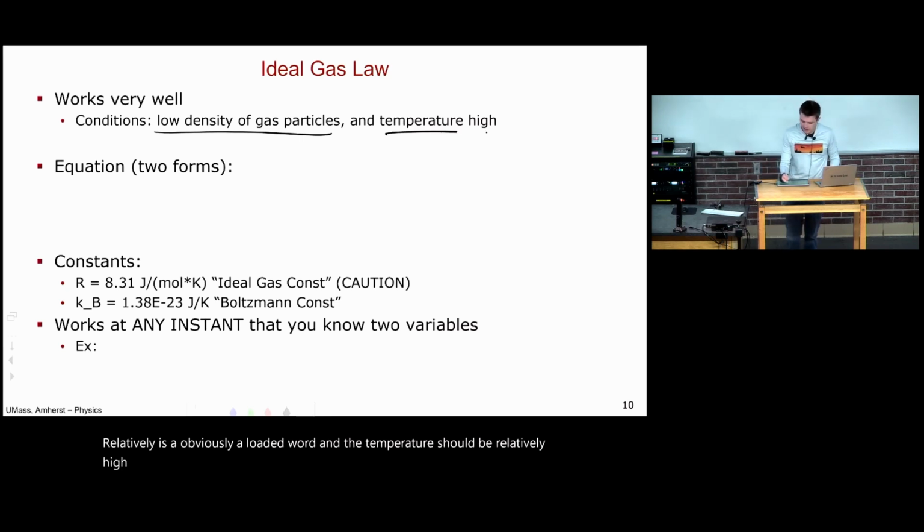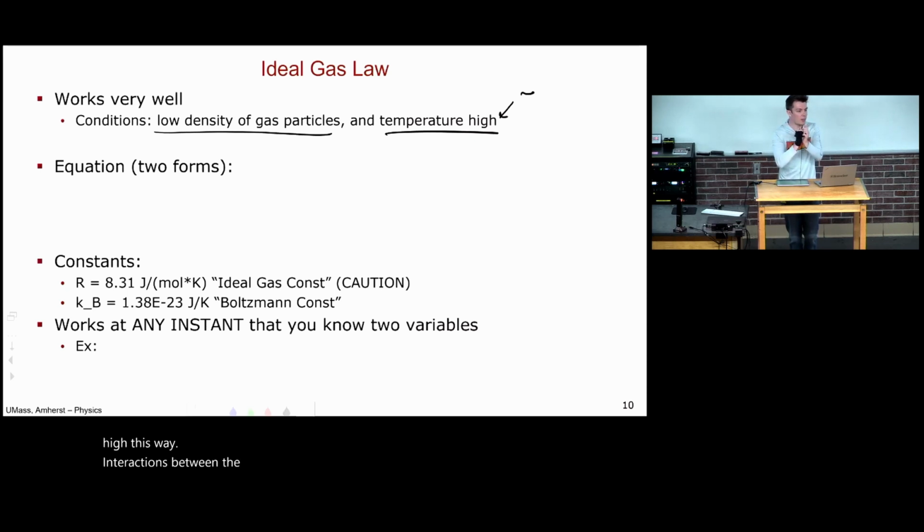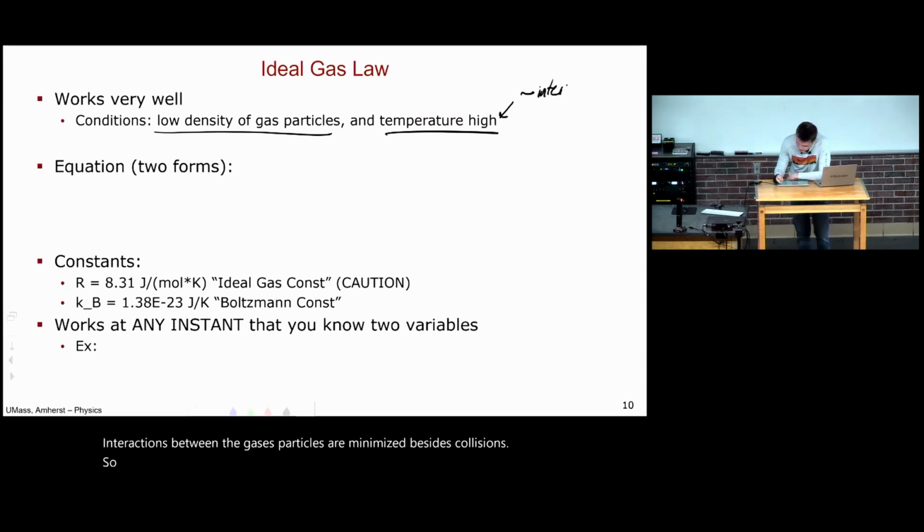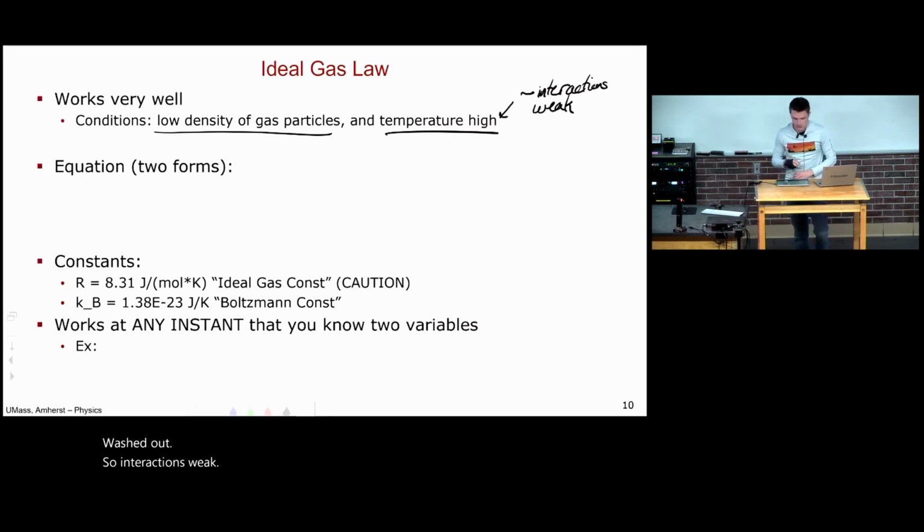This way, interactions between the gas particles are minimized besides collisions. So interactions such as van der Waals forces or ionic forces are washed out. Weak interactions help the ideal gas law work extra well.